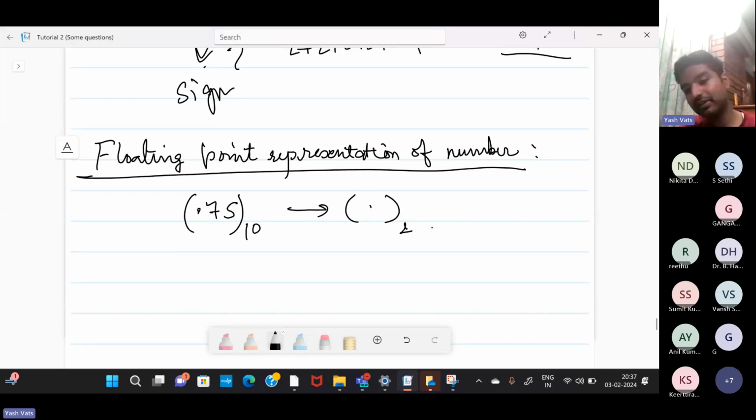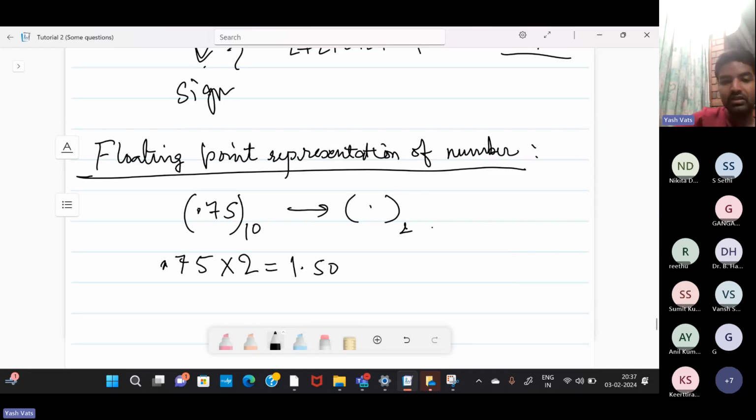How do you do that? Just multiply the number again and again by 2, which gives 1.50. And just retain the last digits beside the decimal.